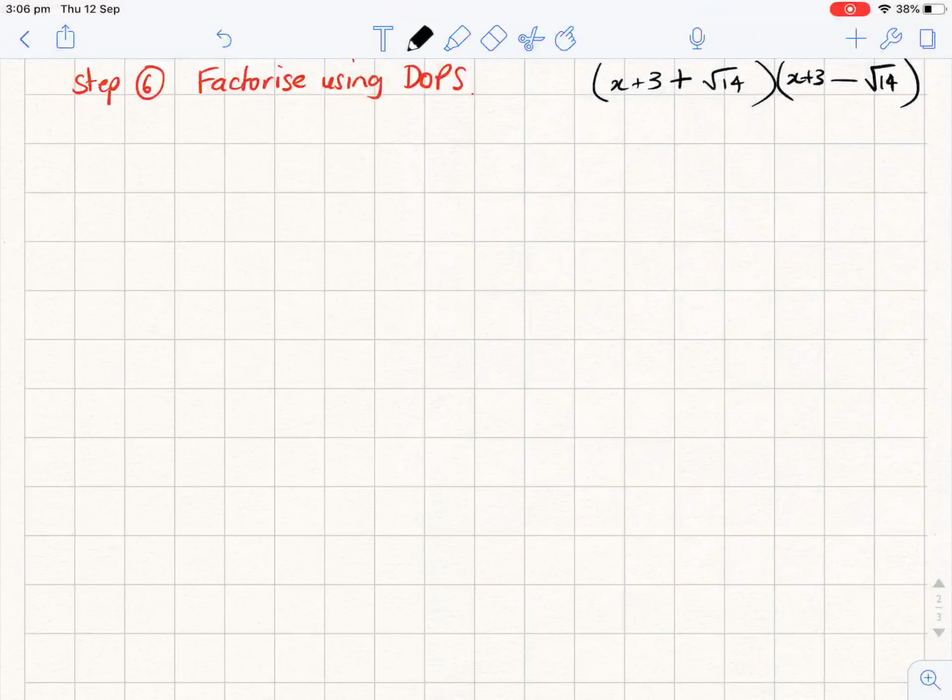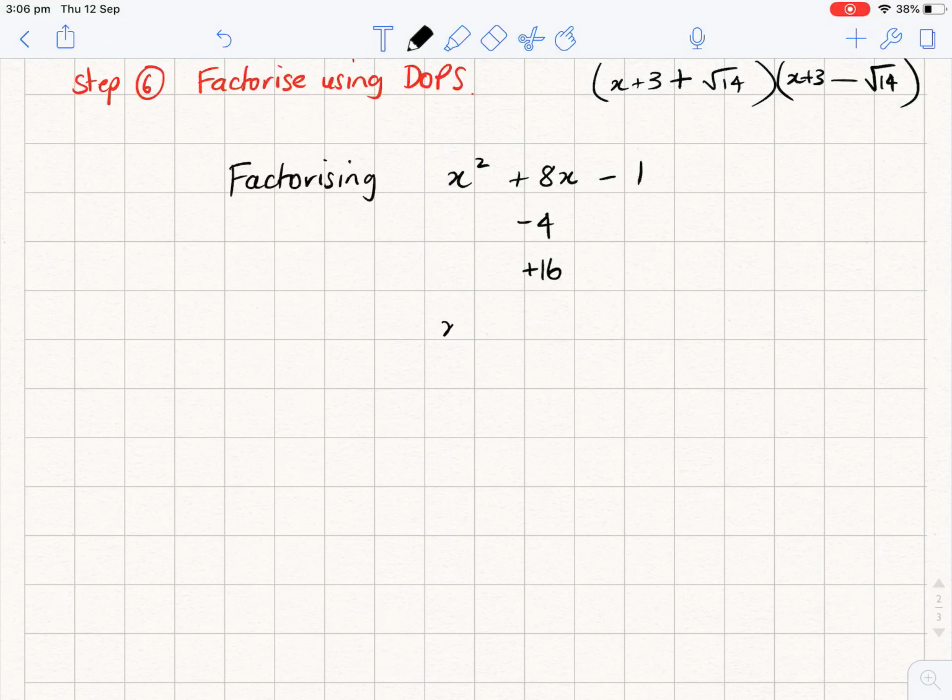Let's see that again now with a different problem that we haven't already done. Let's try this expression, and I won't write all of the steps, I'll just follow the steps along. So let's try factorizing x squared plus 8x minus 1. Step 1, I need to halve the coefficient of x, and that's 4, and then I need to square this term, which is positive 16.